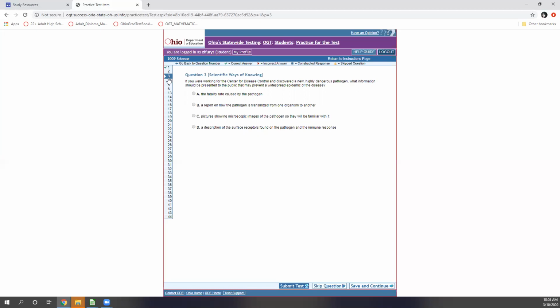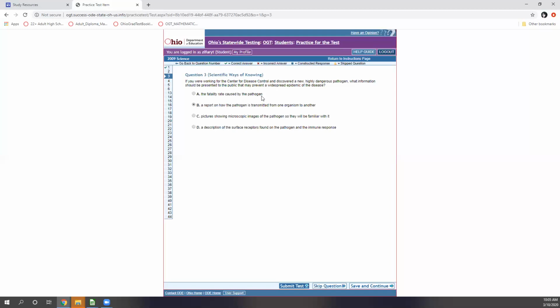The fatality rate caused by the pathogen, a report on how the pathogen is transmitted from one organism to another, pictures showing microscopic images of the pathogen so they'll be familiar with it, or a description of the surface receptors found on the pathogen and immune response. So the answer here is B. And think about this, you would really be more interested in knowing how that pathogen is transmitted to protect yourself.